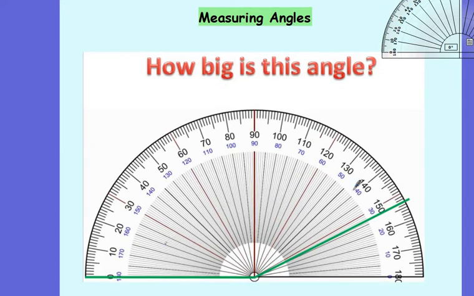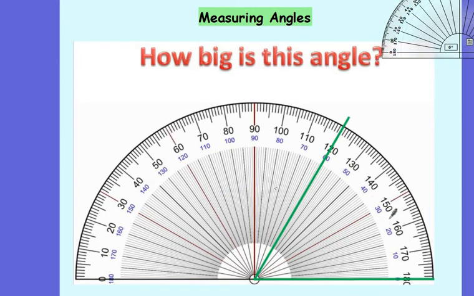How about the green angle now? What's this angle? This time we've got 90, 100, 110, 120, 130, 140, 150 and 1, 2, 3 degrees. So 153 degrees. How about now? What's this angle? Okay, good spot. If you'd noticed, the green angle starts from this side this time.